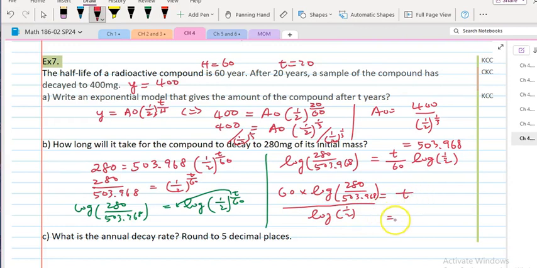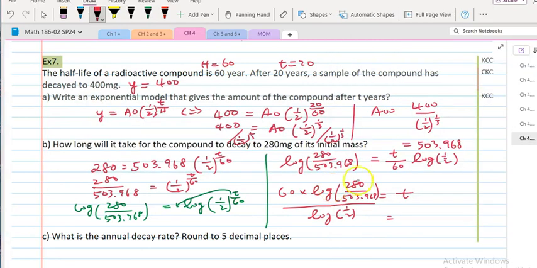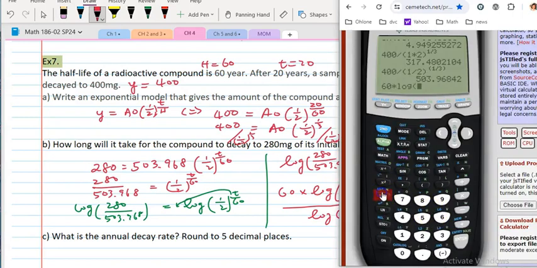Okay, put in the calculator. 60 times, and we have to do log. 60 times log of 280 over 503.968, and then close the parenthesis and then divide by log 0.5.